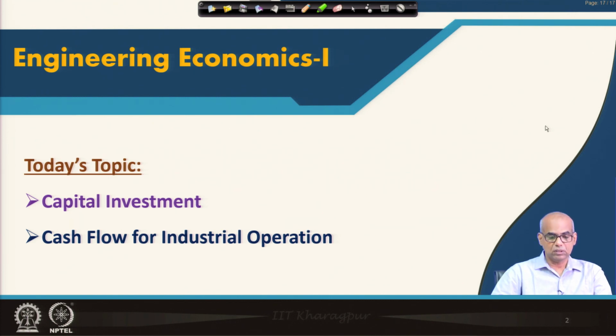We will talk about analysis of capital investment, we will talk about product cost estimation, we will talk about time value of money, we will talk about profitability analysis, taxes, depreciation, etc. So, today we start with capital investment and cash flow for industrial operation.